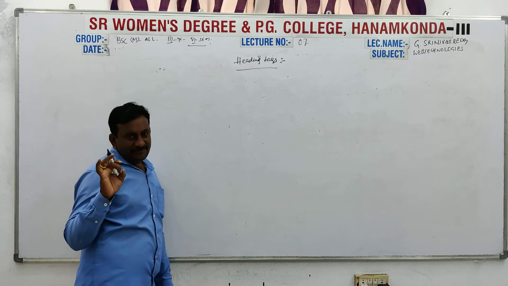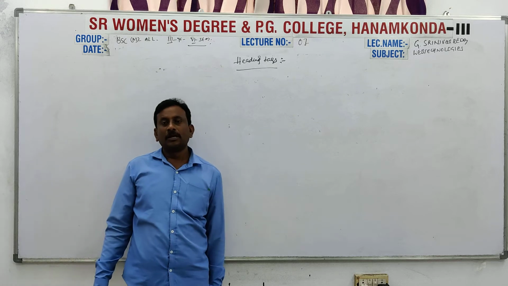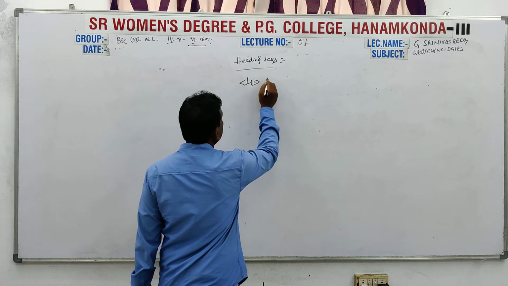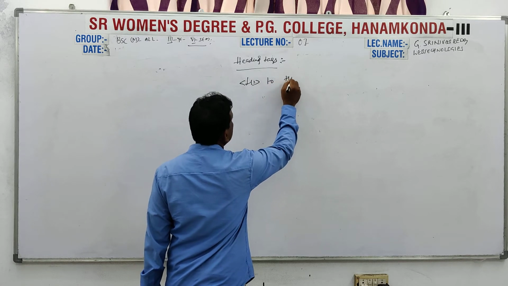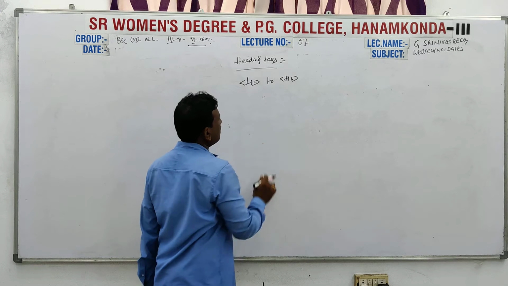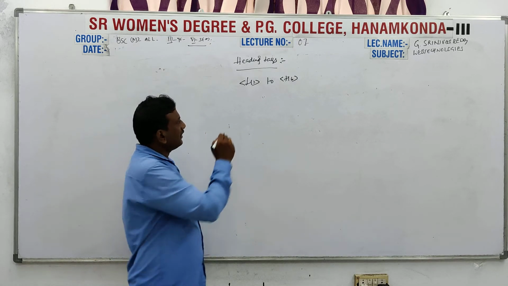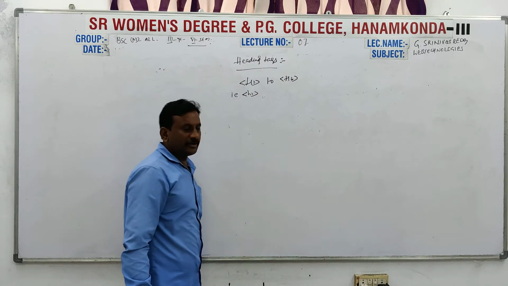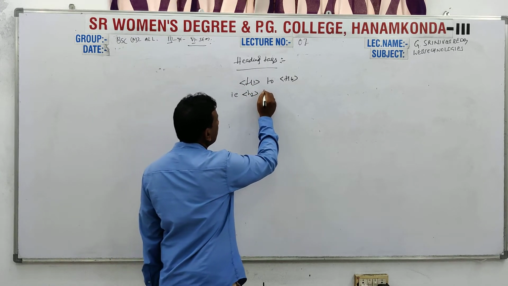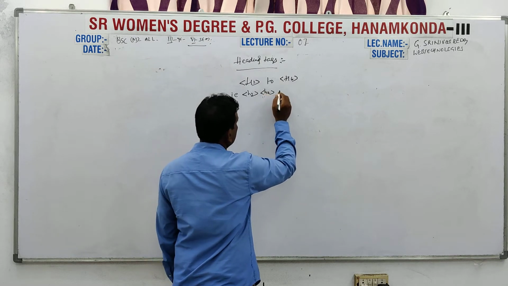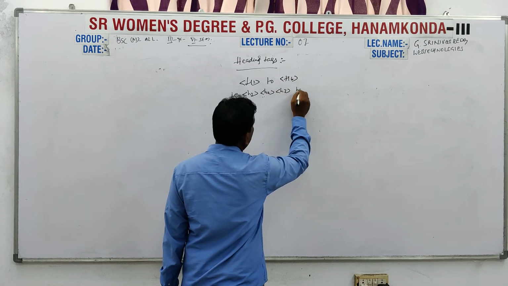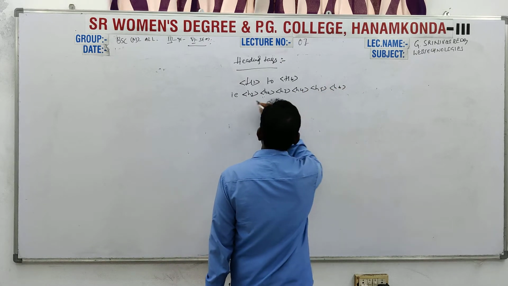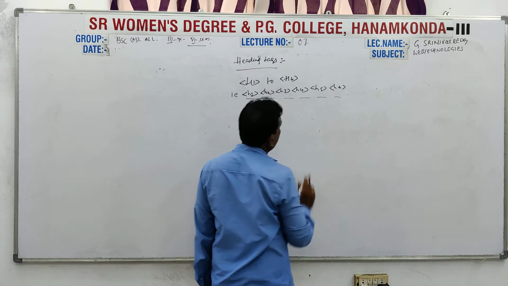Here HTML has 6 tags. What are they? H1 to H6. These are called heading tags. You can write capital letter or small letter, H1, H2, H3, H4, H5, H6. These are called heading tags.